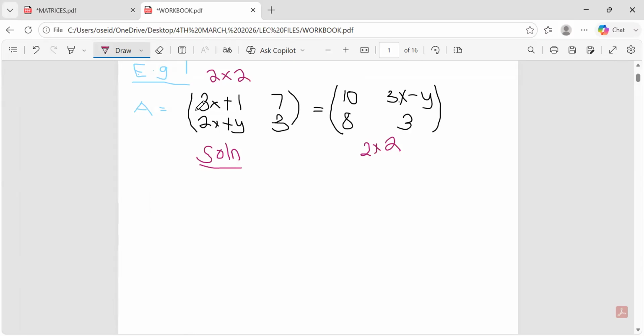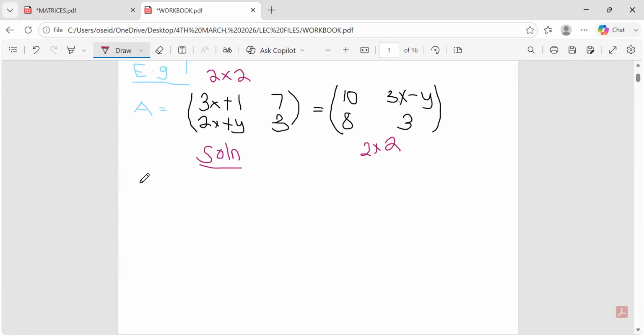Why? Because it has two rows, row 1 and row 2, and two columns, column 1 and column 2. The same applies to this one. So the components, or entries, correspond to each other.